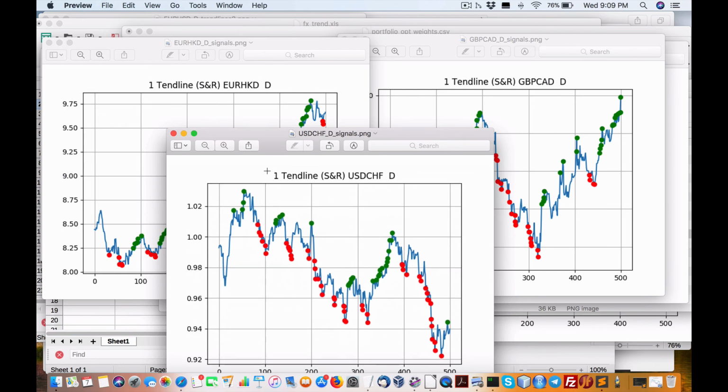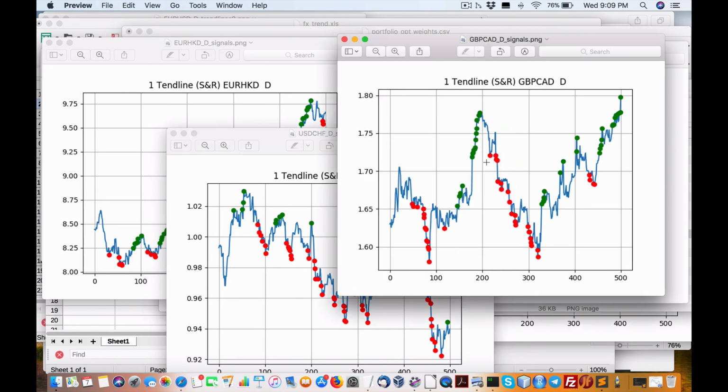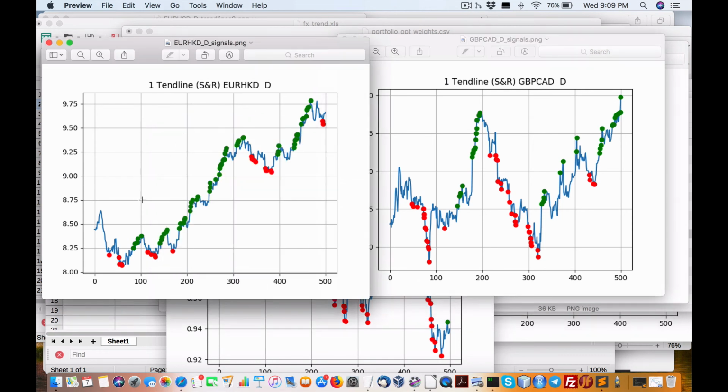You're going to lose money on the US dollar Swiss franc over 500 days, buy and hold. You may break even on the British pound Canadian, whereas if you focus your capital, same amount of capital, pretty well the same amount of risk, because it's the same trading logic, buy and hold, you'd make a lot more money on the Euro Hong Kong dollar.